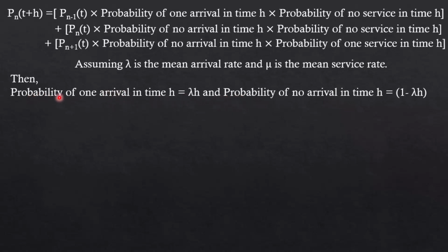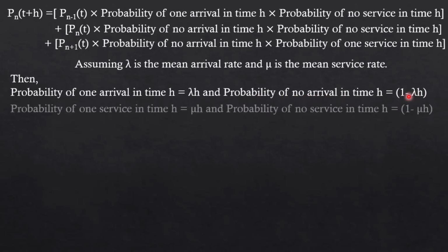So once we have said that the probability of one arrival is lambda h, then automatically the probability of no arrival will be 1 minus lambda h. Similarly, the probability of one service is given as mu into h, and the probability of no service can be given by 1 minus mu into h.